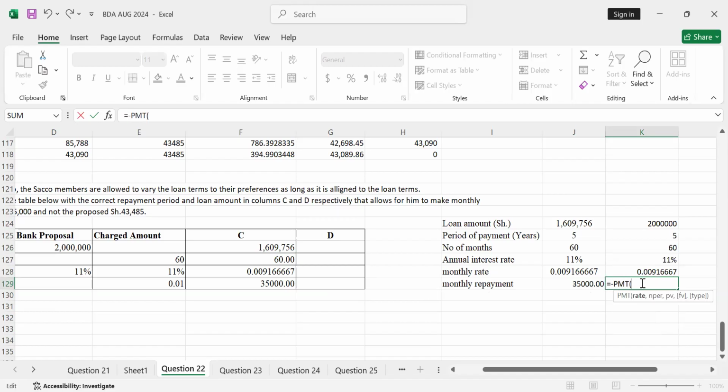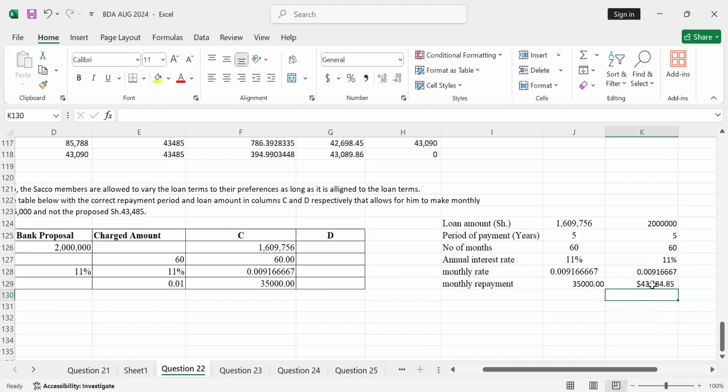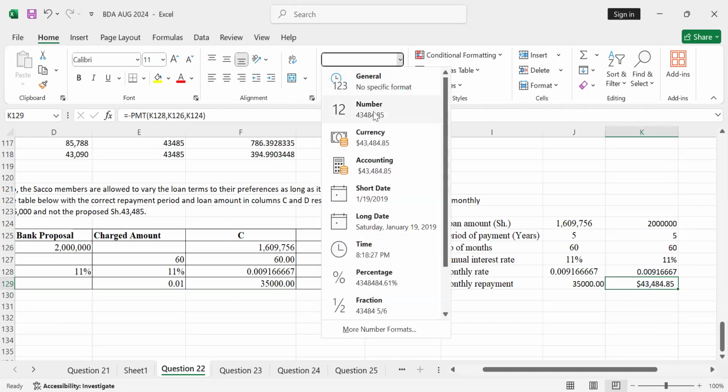So now this will be the rate, comma, comma, we'll also have the period, comma, then the present value, which is the amount of the loan, then enter. This should be in shillings, so I just have the number.